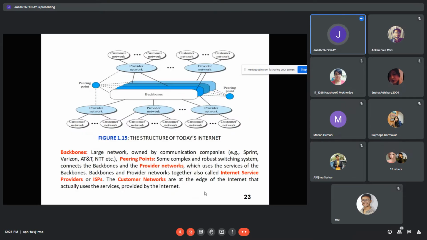For example, the relative positions of the peering points and the provider networks will remain unchanged due to the establishment of the geostationary satellites. So that is one of the main reasons for preferring geostationary satellites for hosting these internet infrastructures.